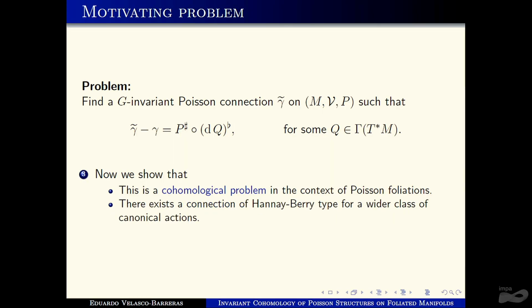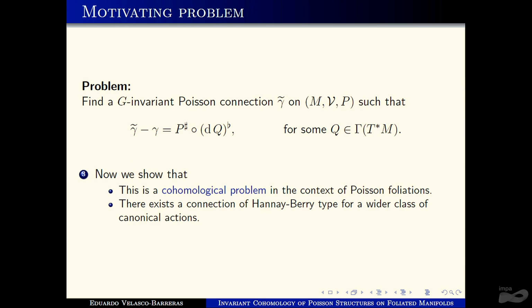And we are going to show also that we can construct a Hannay-Berry connection not only for locally Hamiltonian actions, but for a wider class of canonical actions. That's what we are going to do here. And if time permits, maybe an application of this construction.